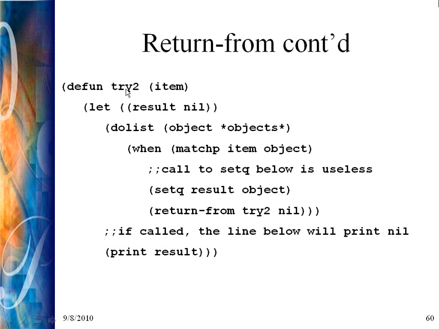Well, try2 is the function name, and whenever you define a function, when the function is executed, it automatically sets up a block whose name is the function name, try2 in this case. So here it's not only returning out of this list, it's returning from the entire function. And the difference here is that, therefore, this print statement is never reached unless there is a match.